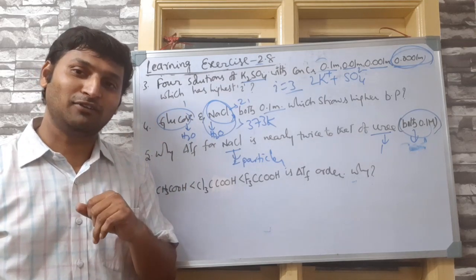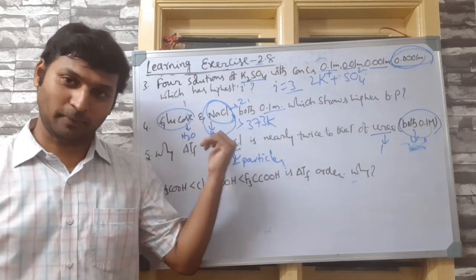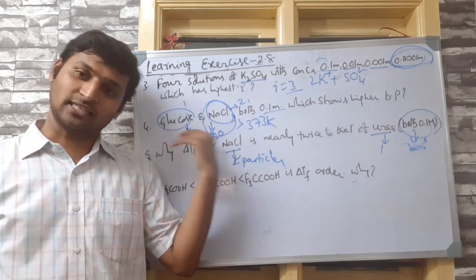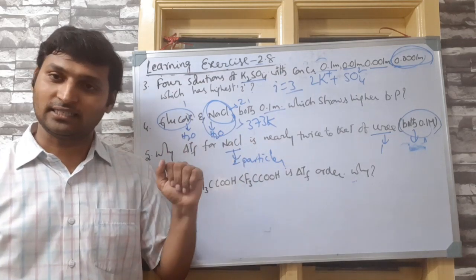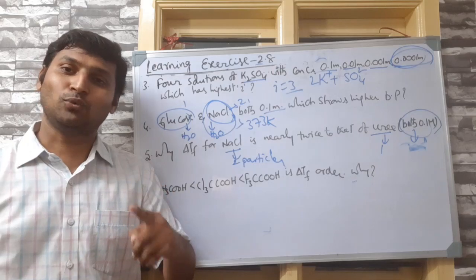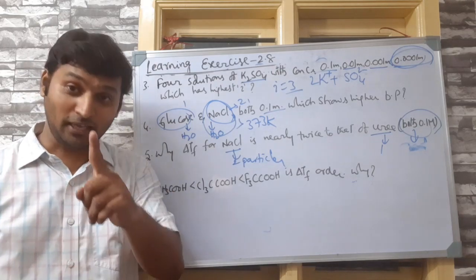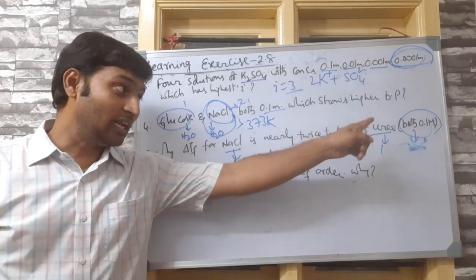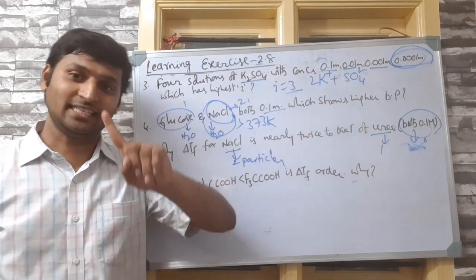Now, sometimes he will give you a set of species like this, with different concentrations, different non-electrolytes, electrolytes, etc. And he will ask you which has the highest freezing point. Now, be careful. The one with the least number of particles has the highest freezing point.